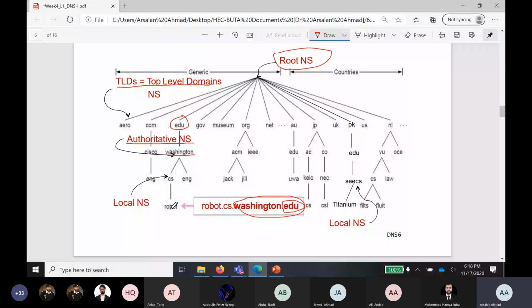Then it will reply with a definitive answer, that robot.cs.washington.edu has this IP address, and then the local name server will forward this IP address to the requesting machine. Okay, so this is the whole process that will be followed.